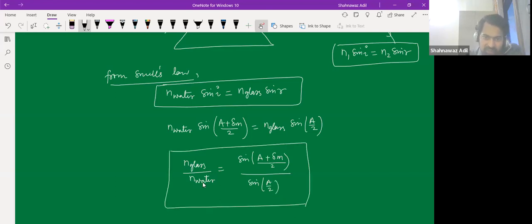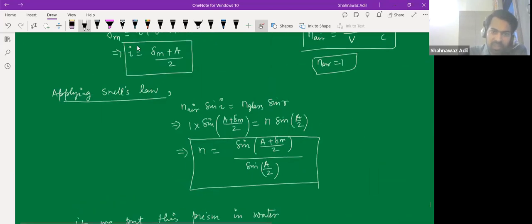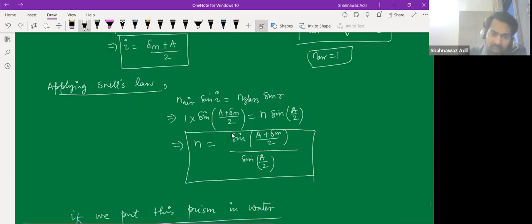So if this is air, from air we are going, then this would be 1 and then we'll get this one. But if this is some medium in which we have kept the prism, so previously what did we see? Previously we saw that we were going from air to glass. Prism was kept in the air, right?